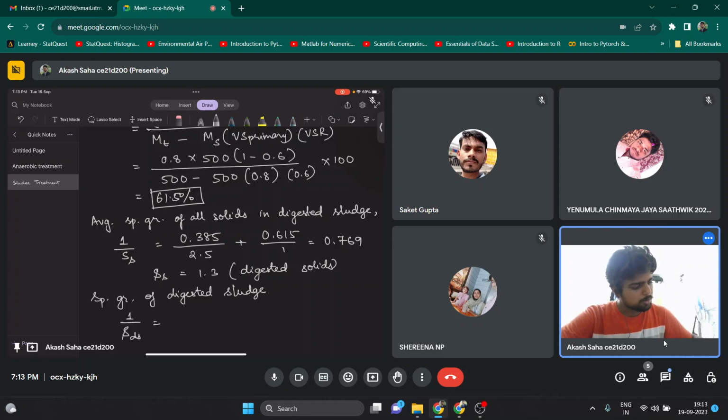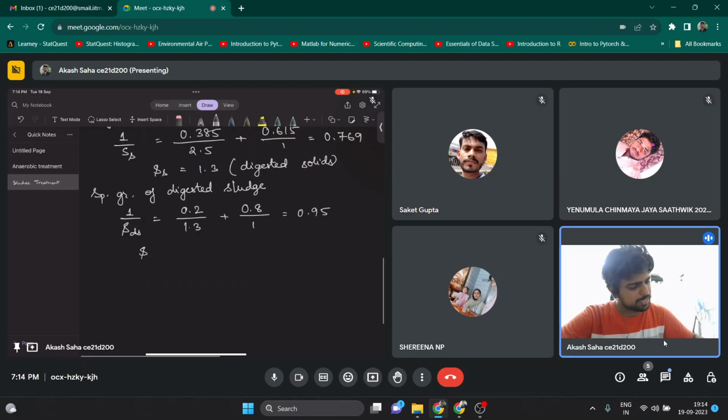So 0.2, the solids content, divided by 1.3, plus the rest is water, so 0.8 by 1, is equal to 0.95. So my SDS will be 1.05.